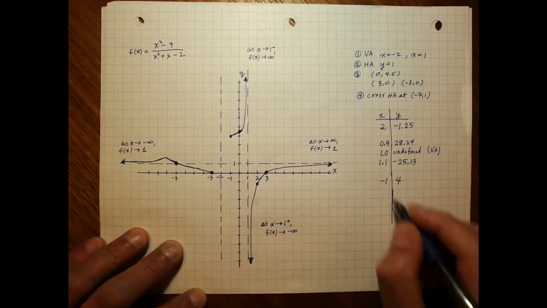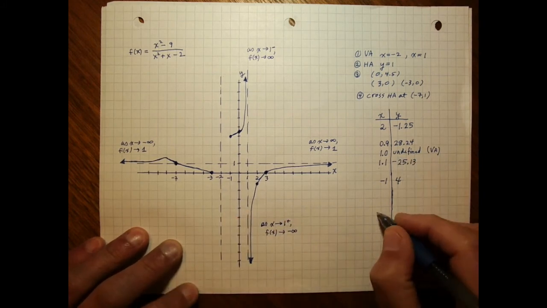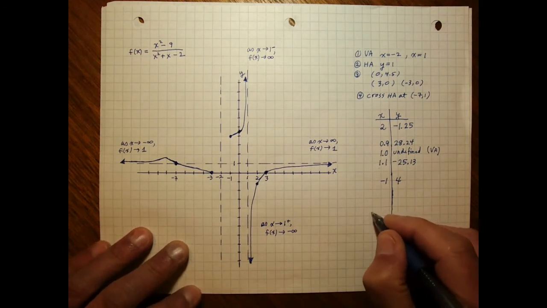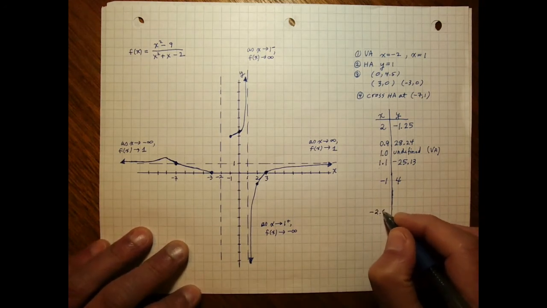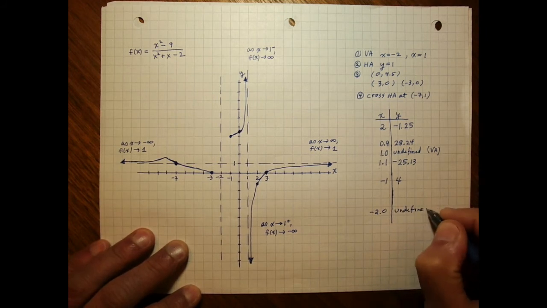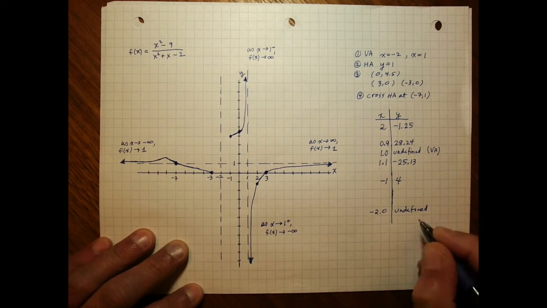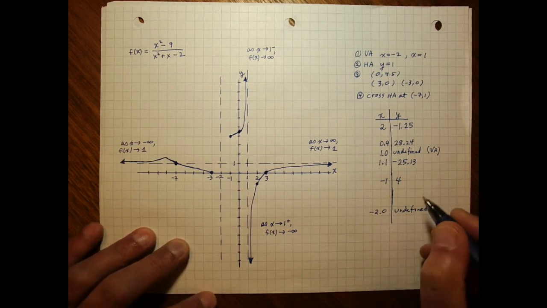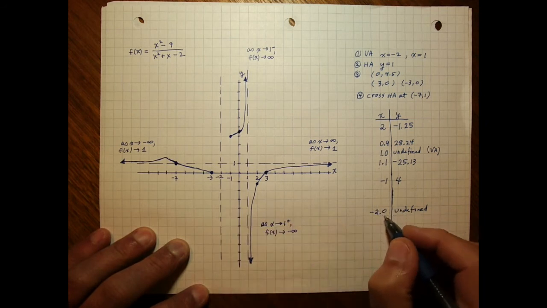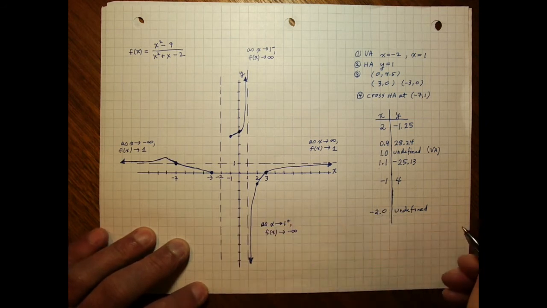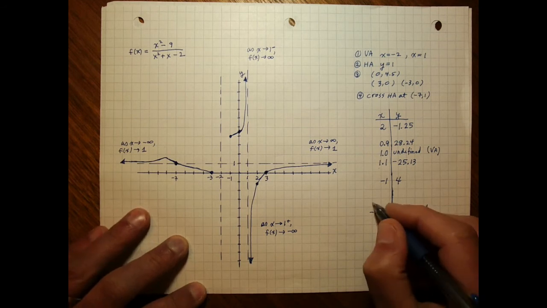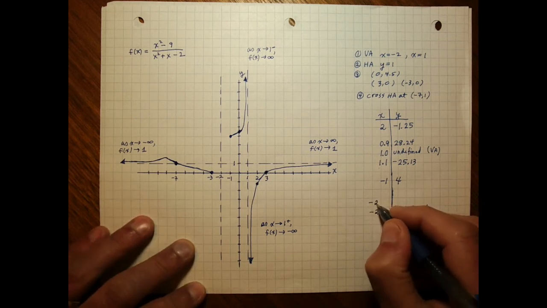But if you wanted to, if you were uncertain, you could take that x value, which is -2, where the function is undefined, and look just a little bit smaller than that and a little bit larger. In the negative direction, slightly smaller than -2 is -2.1.